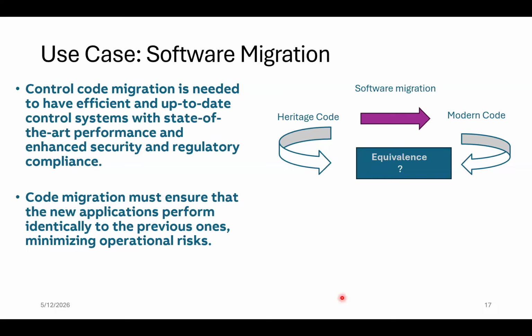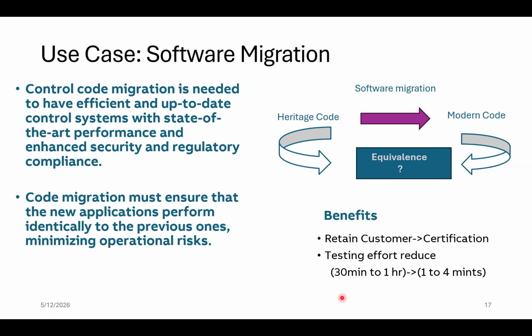But the major question is whether these two codes are behaviorally equivalent or not, although they have different semantics. So the benefit is, what if we can pose this verification problem in the software pipeline. We can retain the customer using the certification. So the verification here acts as a certification, and the testing time is also reduced.